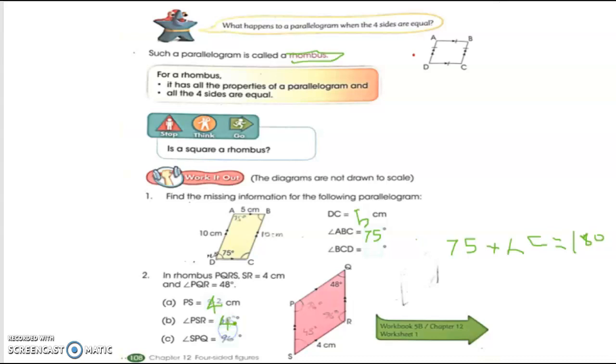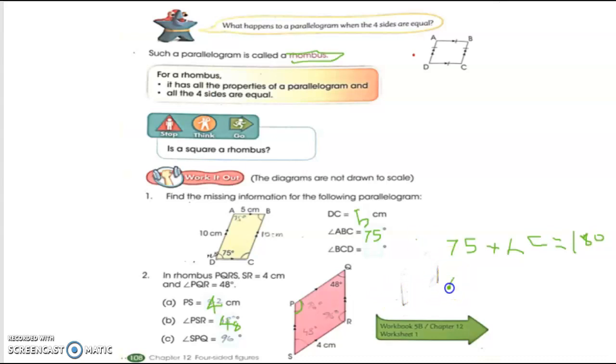Somebody has done it as well. And then angle SPQ, this angle. Now this angle we can find out by using, we know those angles are angles between parallel sides, right?